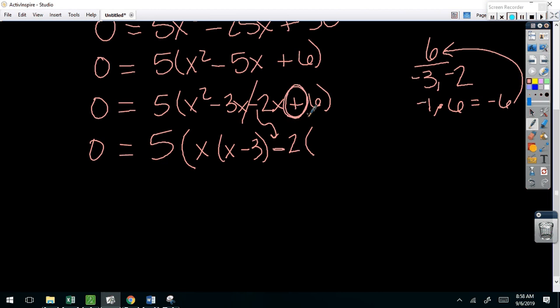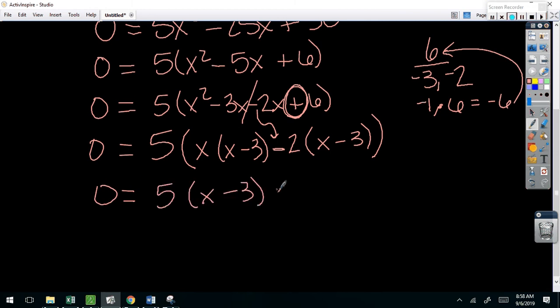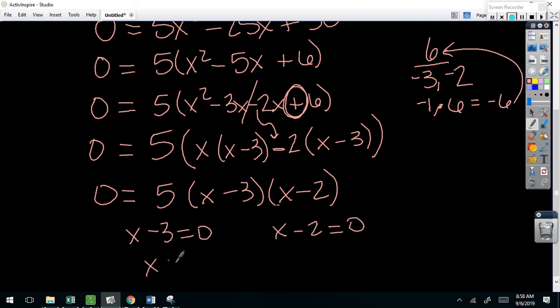And because it's negative 2, that changes. That's exactly right. So it becomes x minus 3. So x minus 3, x minus 2, and now everybody goes to 0. The 5 doesn't really count because 5's not going to equal 0. But x minus 3 could equal 0, and x minus 2 could equal 0. So it's 2 and 3.